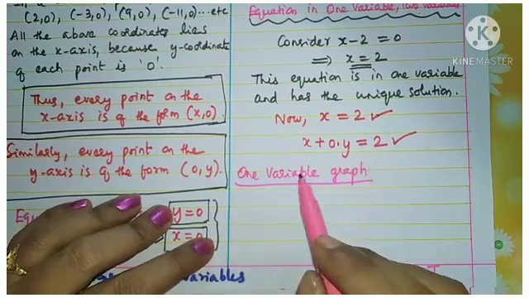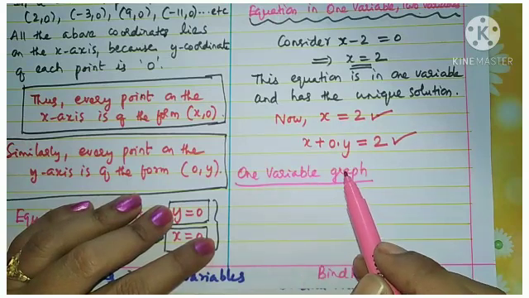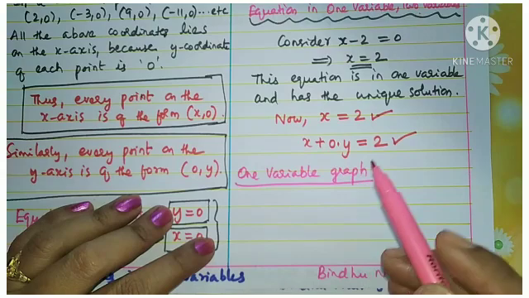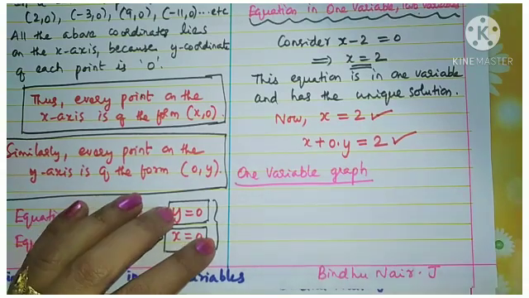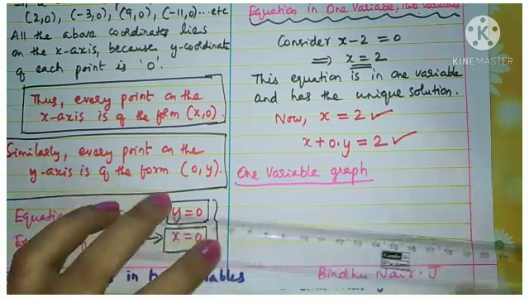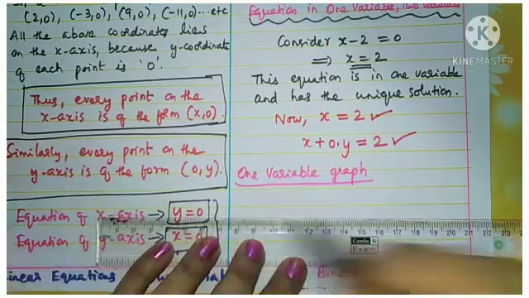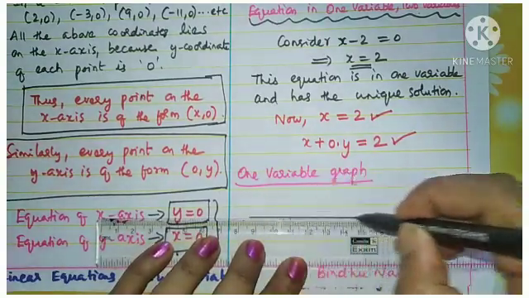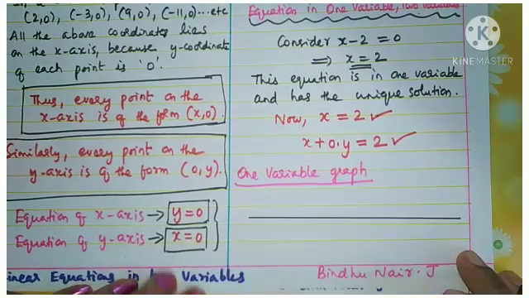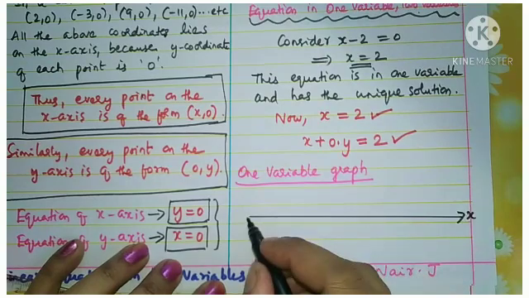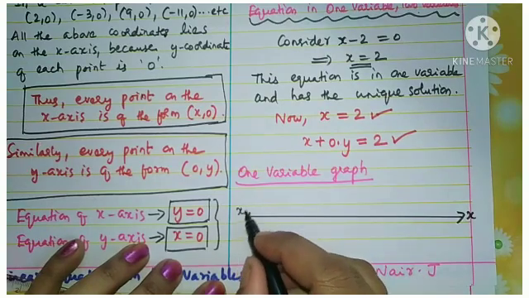So for drawing a one variable graph, there is no need to go to the graph sheet. We can represent it as a number line also. Number line means we take only the horizontal axis, the x-axis. Understand? This is our x-axis now.